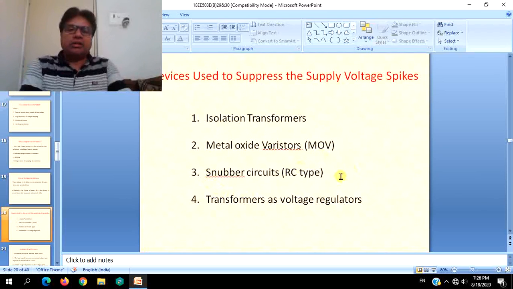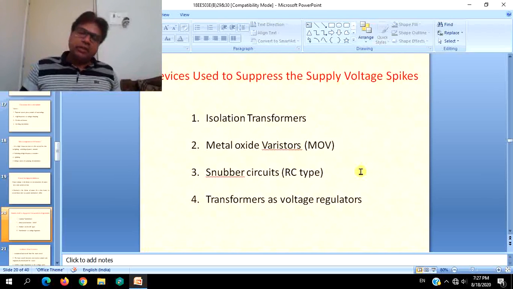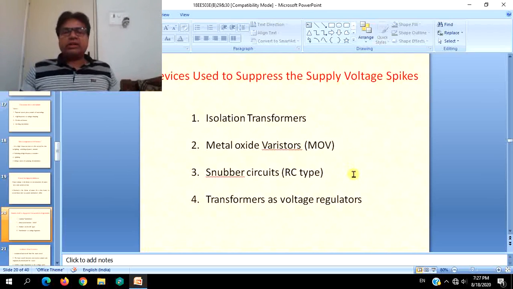Snubber circuits are a combination of RC type, that is resistance and capacitor connected in series, and this series combination of R and C is connected in parallel with the load. It can also be a combination of RCD. A diode can also be used in tandem, to suppress the oscillations or the changing currents due to the high voltage spikes.